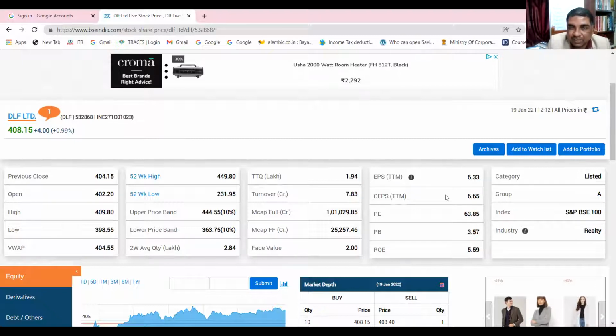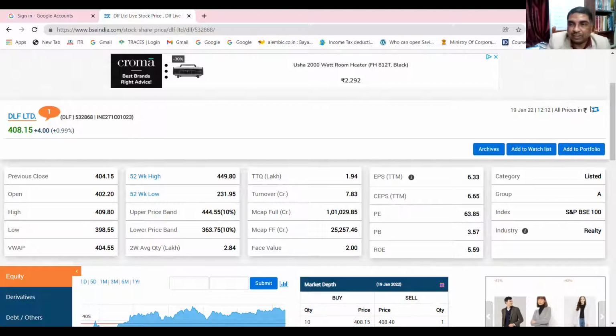Then cash earning per share is also available. If you ignore the non-cash items which are there in the statement of profit and loss, you can find out cash earning per share. Then price earning ratio is also there. PB, price to book value ratio, is also there. Return on equity, that data is also available. Okay, so we need all this data.